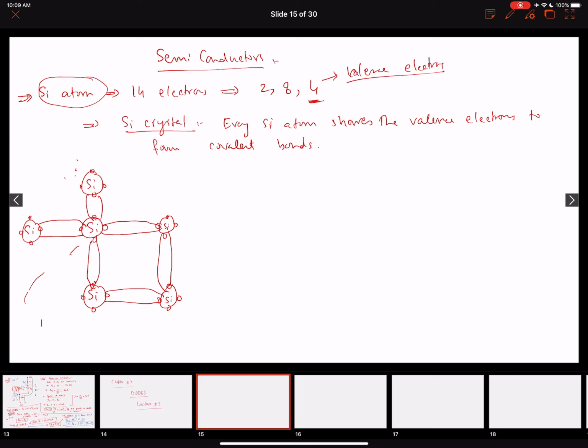So 1, 2, 3, 4, 5, 6, 7, 8. So that is why it can form a stable silicon crystal in which every silicon atom shares the valence electrons to form covalent bonds with the nearby other silicon atoms.